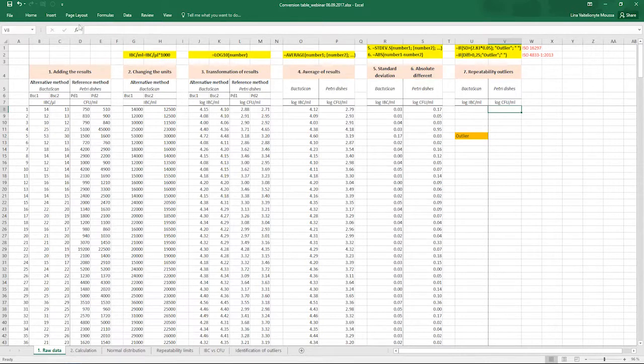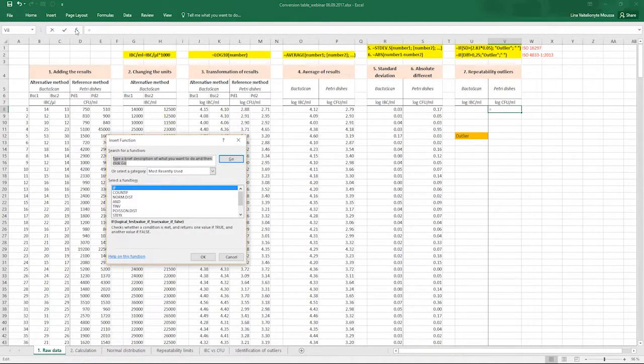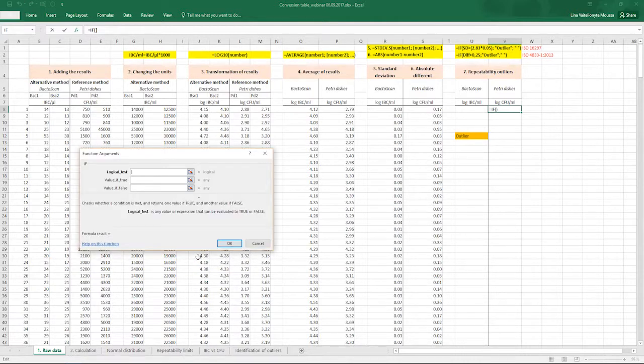The same function we are doing for the Petri dishes. So function IF, and logical test would be absolute difference more than 0.25 log units. So if it's true, we have an outlier.